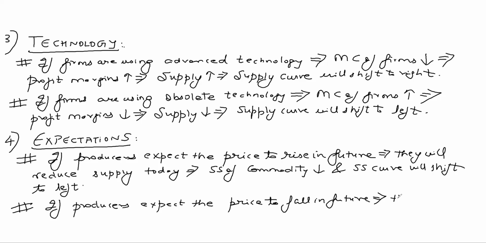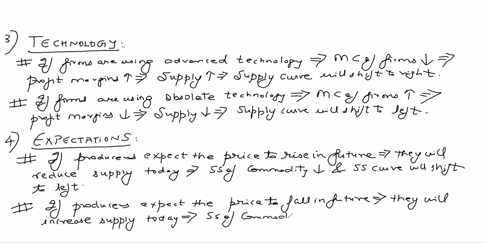So what will happen? The producers, they will increase the supply today, which implies supply of the commodity today will go up and the supply curve will shift to the right.